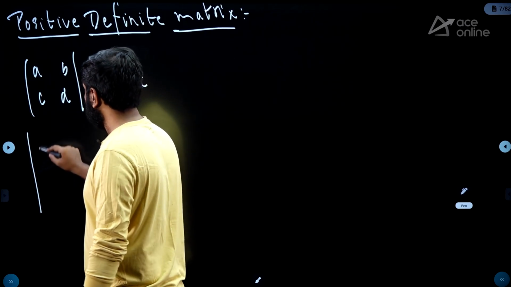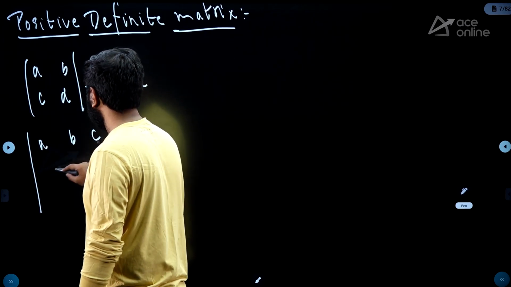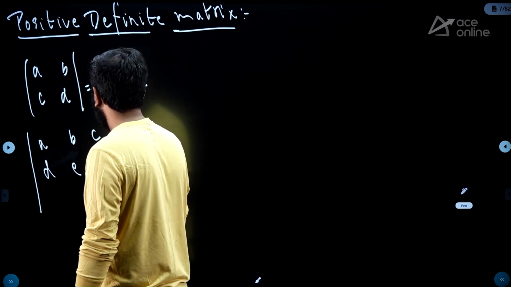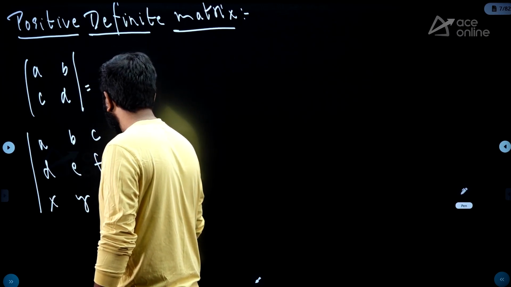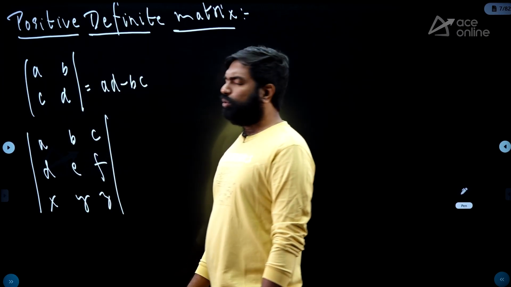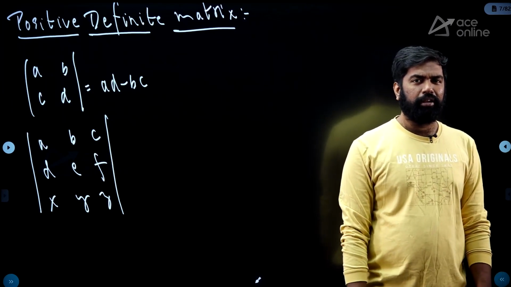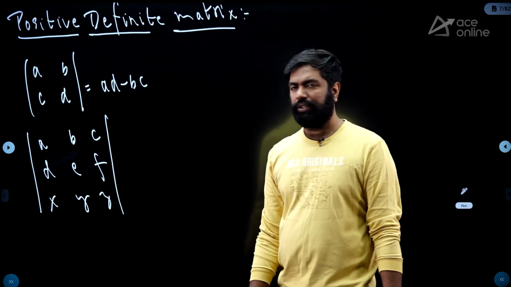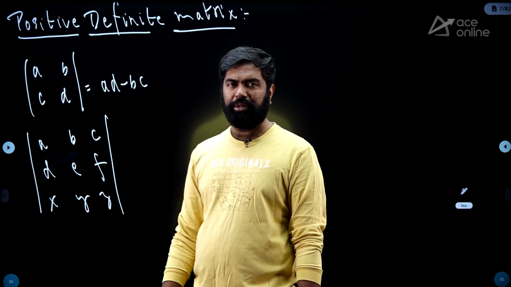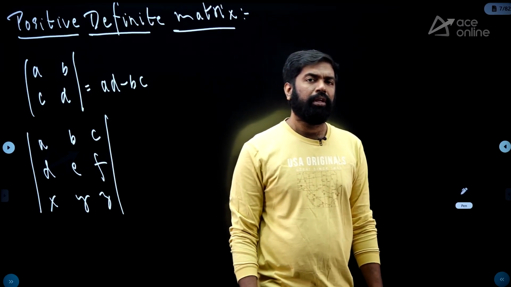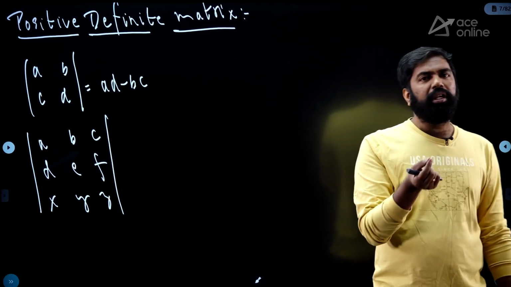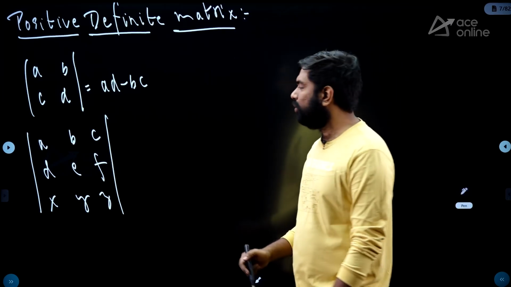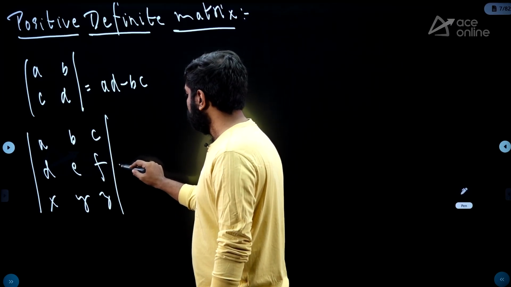If I give you A, B, C, D, E, F, X, Y, Z, you should be skilled enough to calculate a 3 cross 3 determinant in a matter of 20-30 seconds. I don't teach any shortcut here. So you should be solving it in a matter of 20 to 30 seconds for a 3 cross 3.